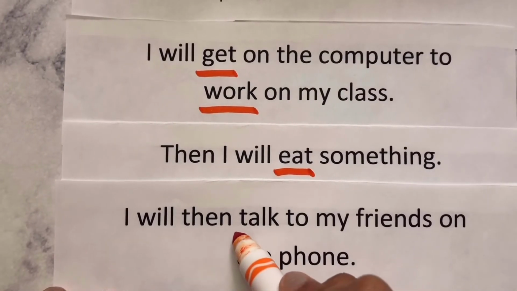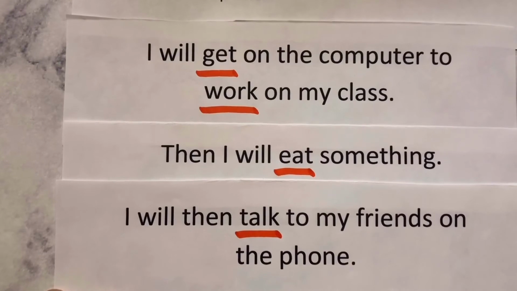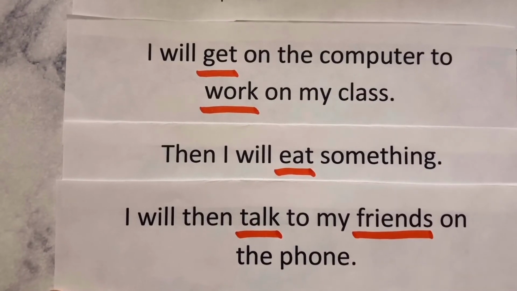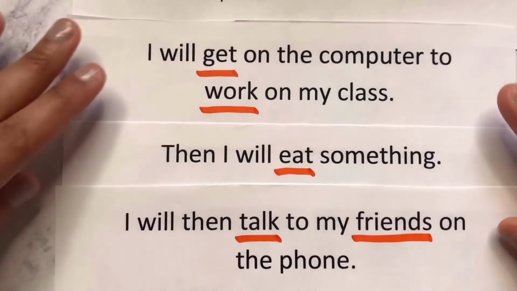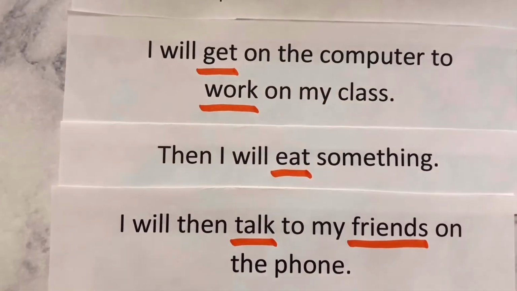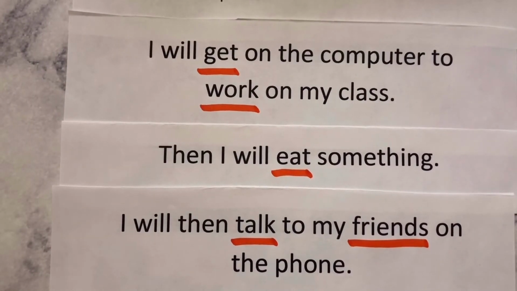We can think of another word for talk. I can also think of another word for friends and possibly phone, but for now we can work on those 2. So I will leave these sentences here so that you can think about synonyms or other words that can replace these tier 1 words.